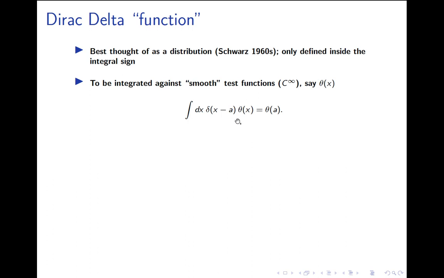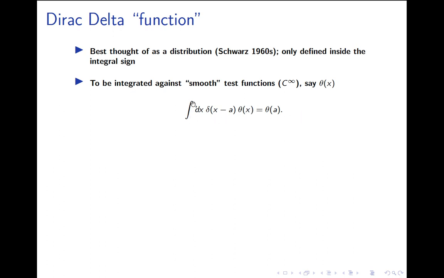I had f of x as an arbitrary function, but actually it is only defined if they are smooth functions. Smooth means that all order derivatives exist. Okay, C infinity means that it is continuous and differentiable to arbitrary degree, right? The nth order derivative is also finite and continuous.